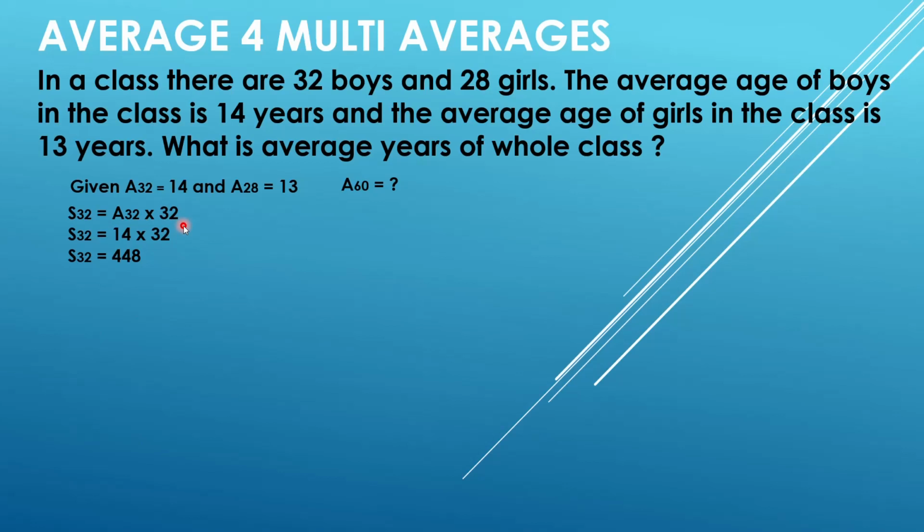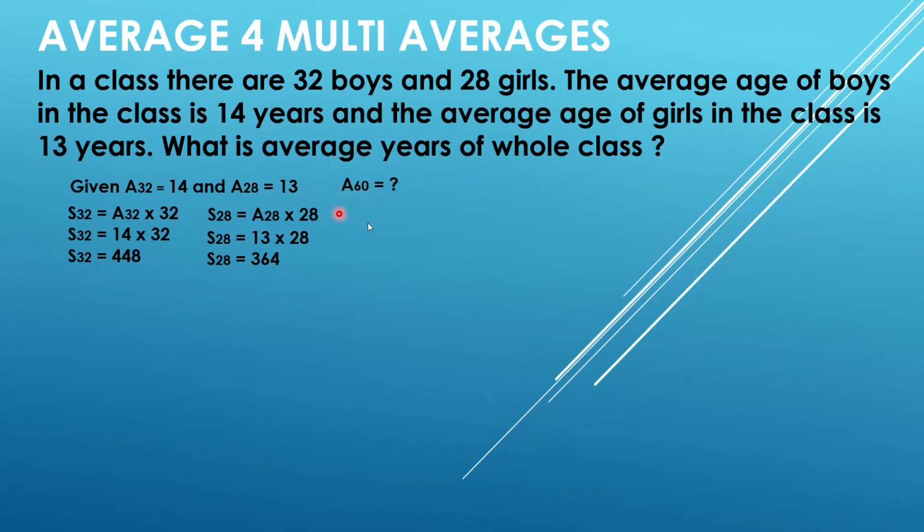Now S32 we have calculated, in the same way we need to calculate it for the girls as well. S28 is equal to A28 into 28, so 13 into 28, and the answer will be 364. So these two totals we got now.